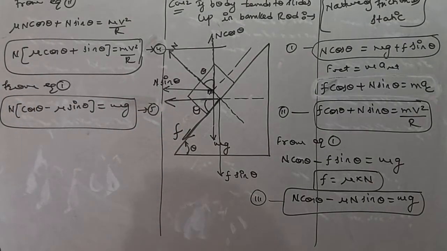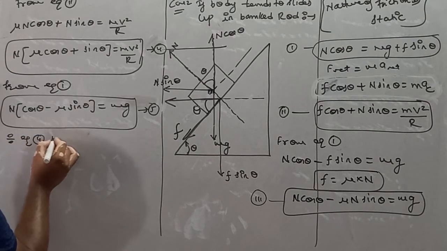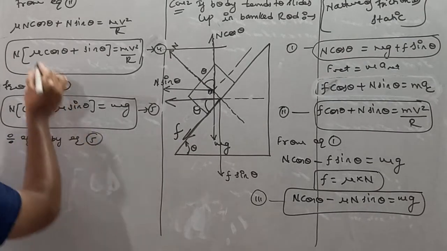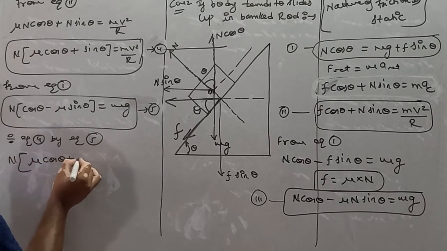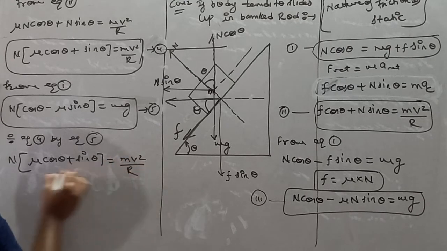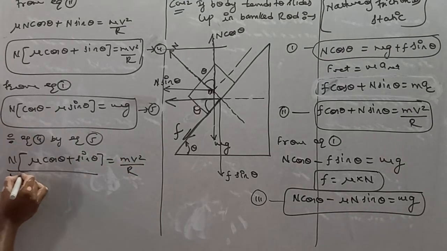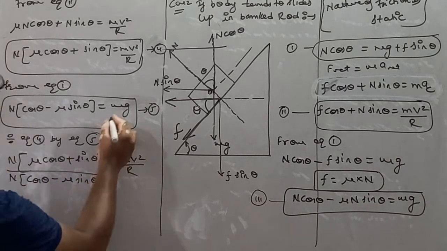Now I'll divide equation 4 by equation 5. So we get n into mu cos theta plus sin theta equals m v square by r, divided by n into cos theta minus mu sin theta, and mg.